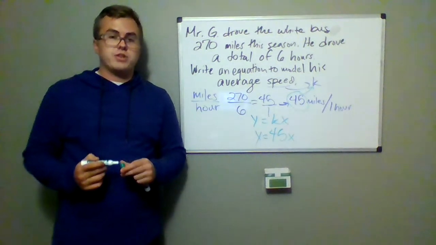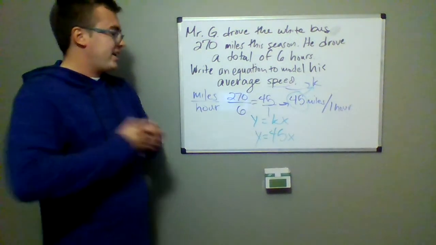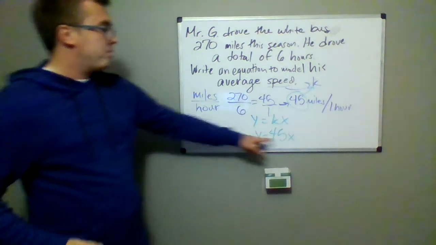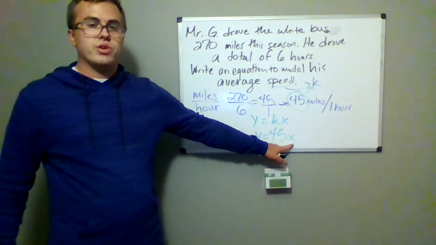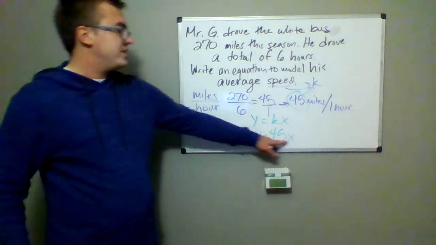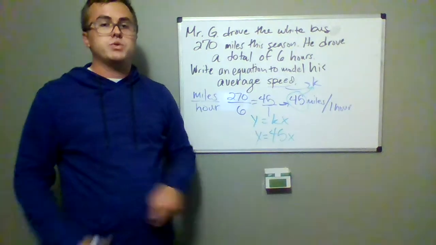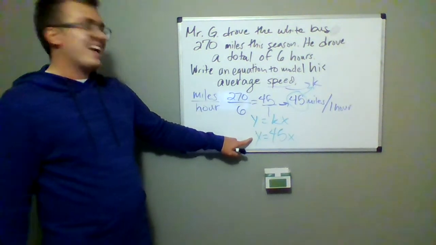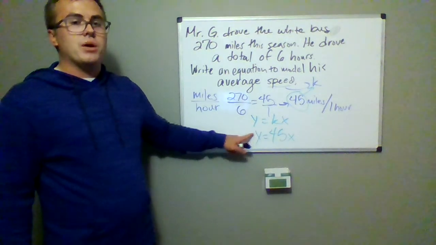Now, just to make sure that we're clear, this equation gives us certain information. All right, we can plug in different things for x, and that would give us an output. So if we inputted different things for x, we would be inputting the number of hours, and we would get as an output the number of miles.